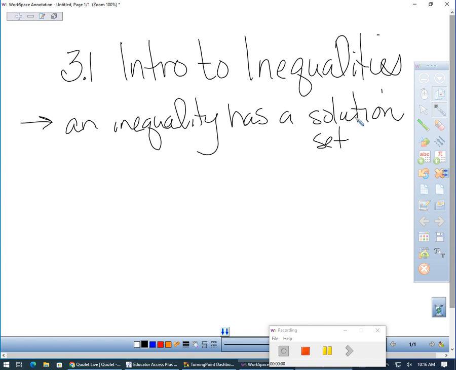But before we get to that, I want to start by talking about how we know if something's an inequality. There are 4 signs we use when we do an inequality. If I have the sign that looks like this, this is less than.